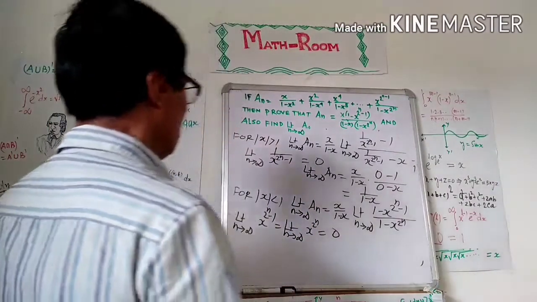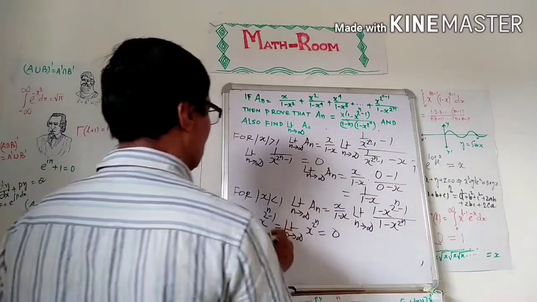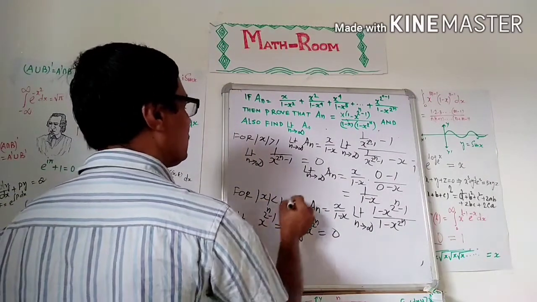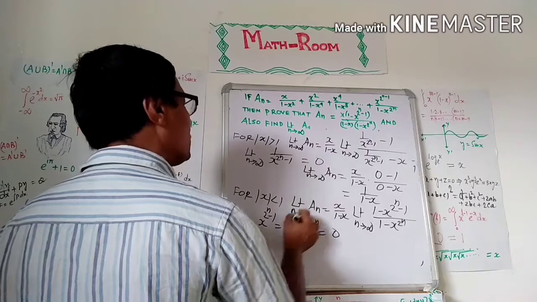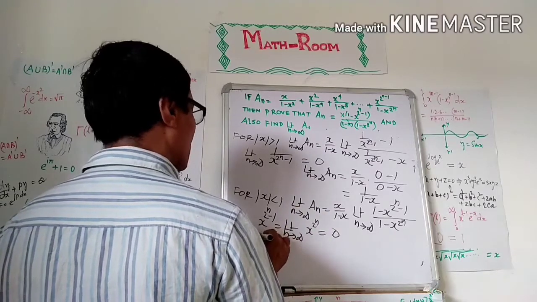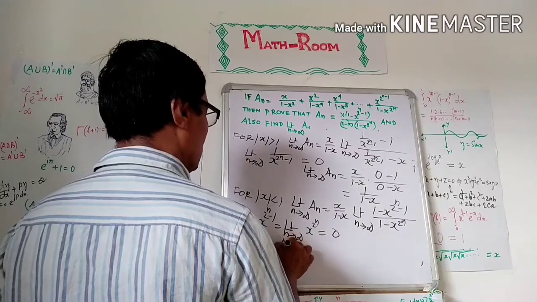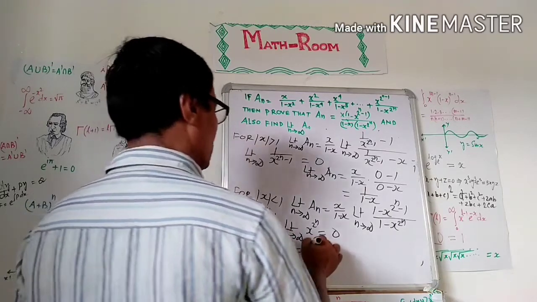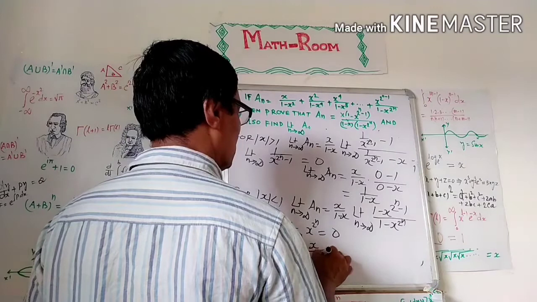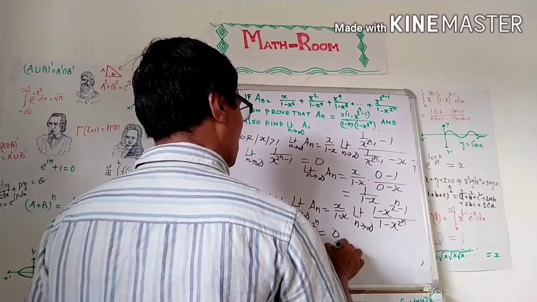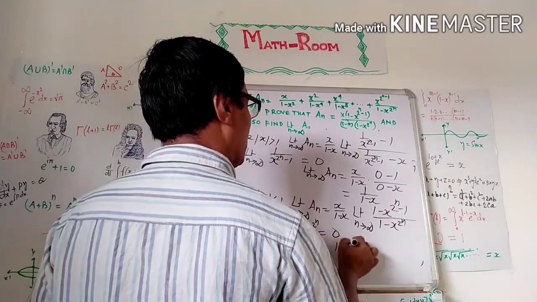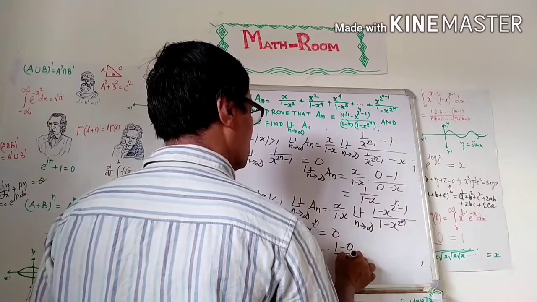So for mod x less than 1, we get the limit n tends to infinity equal to x over 1 minus x into (1 minus 0) over (1 minus 0).